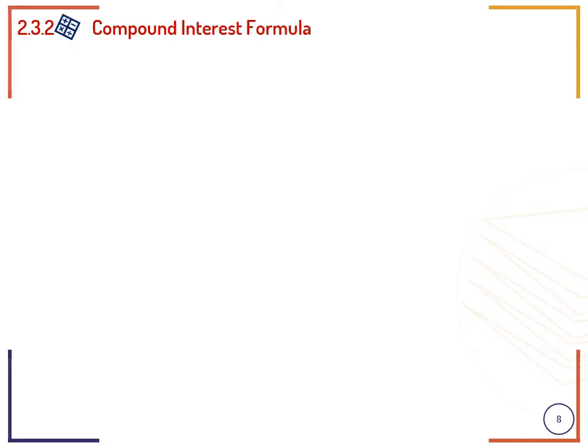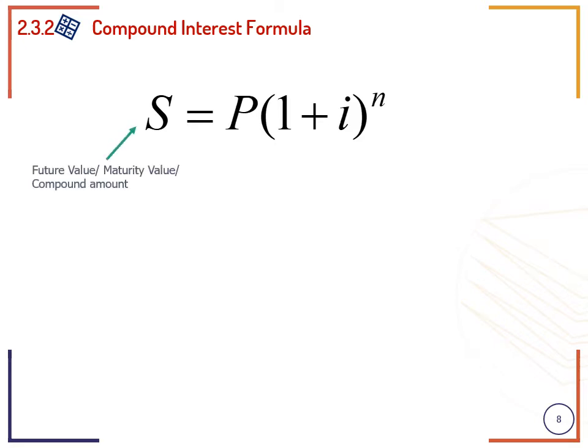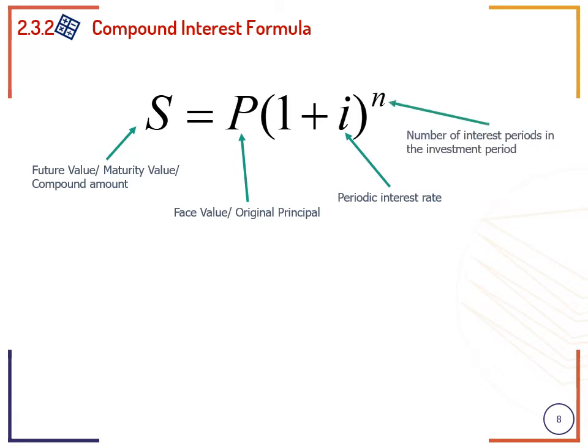Future value or maturity value of compound interest can be calculated by using the following formula. S equal to P multiply (1 plus i) power of n, where S stands for future value or also known as maturity value, P stands for face value or also known as original principal, i stands for interest rate, n stands for number of interest periods in the investment period.